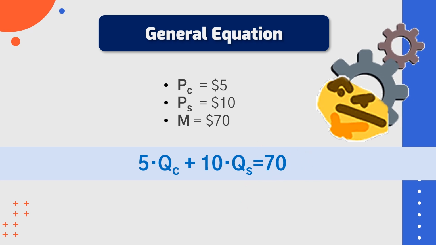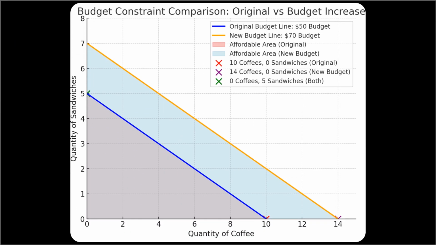This is the updated graph with distinct colors for the affordable areas. So the light coral region represents the affordable area for the original $50 budget. But what do we see right here? The budget line shifted rightwards, and now it is of orange color.